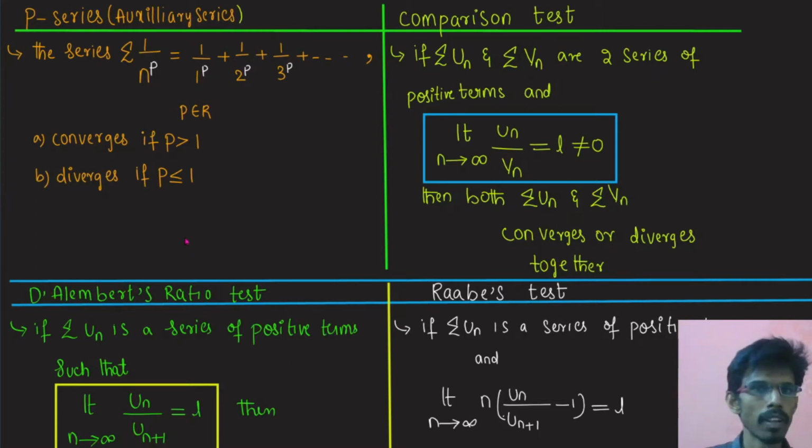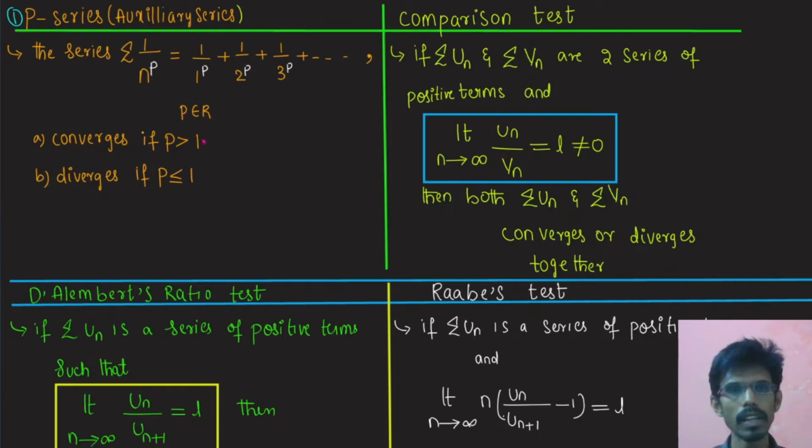See here, we have this P series, the auxiliary series, that is the series sigma 1 by n power P, taking n as 1, 2, 3, 4 and so on up to infinity. So 1 by 1 power P plus 1 by 2 power P plus 1 by 3 power P and so on, where P belongs to R, a real number.